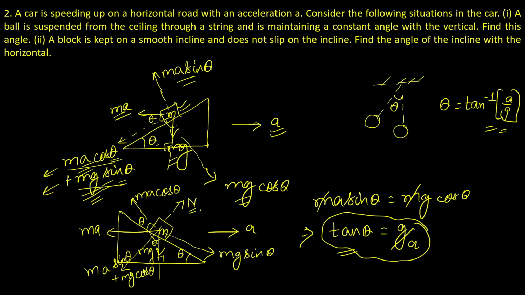So this normal force will be equal to ma sin theta plus mg cos theta, but parallel to the incline, the ma cos theta force and the mg sin theta force balance each other, and that's why this mass m is not slipping on the incline.